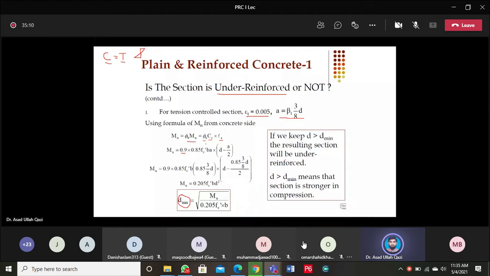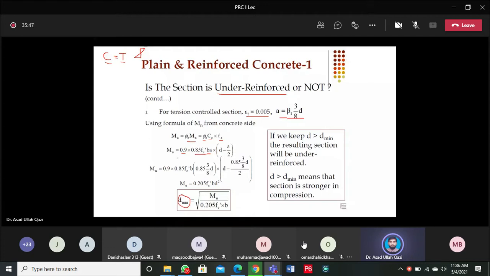CC, you are well informed that CC is actually, using Whitney's simplified theory, 0.85 fc prime into the area on which these uniform stresses are present, A into B, and the lever arm between these forces C and T is d minus a by 2. So I am just substituting CC and the lever arm with their corresponding values.